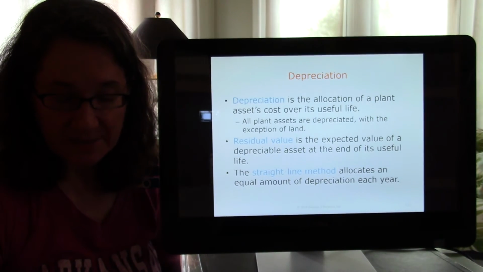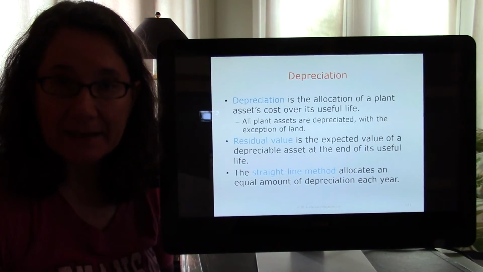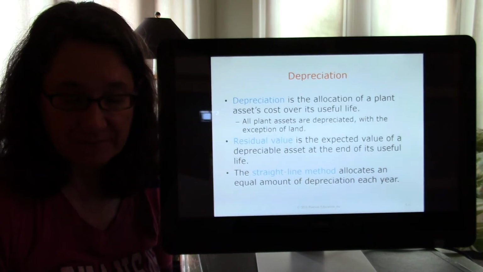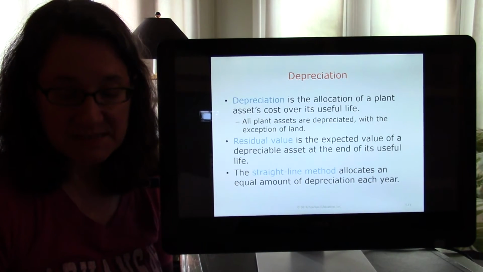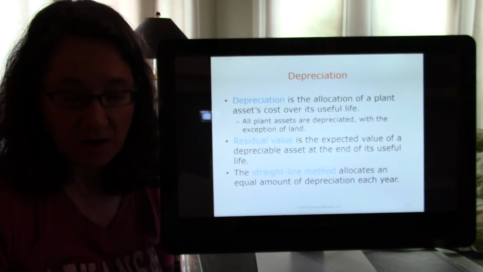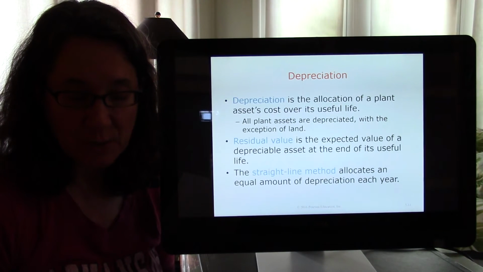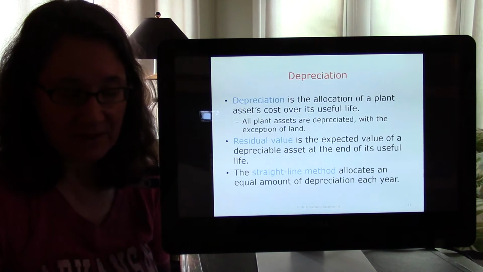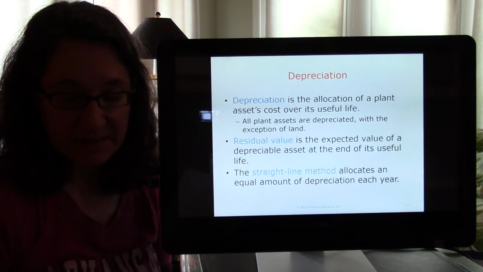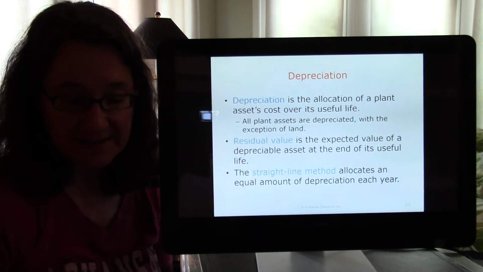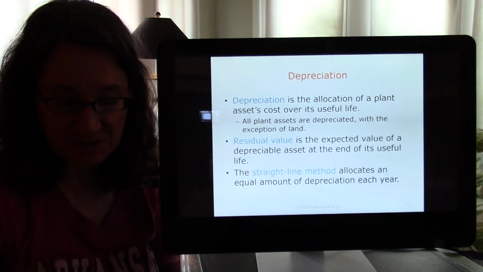Under generally accepted accounting principles, land is never depreciated. Residual value, R-E-S-I-D-U-A-L, is the expected value of a depreciable asset at the end of its useful life.